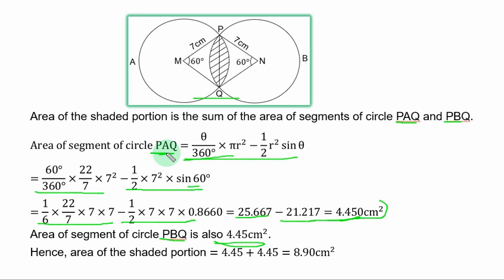So the one for the first one also serves for the second circle. Hence, area of the shaded portion is the addition of the two areas, and that is 8.90 square centimeter.